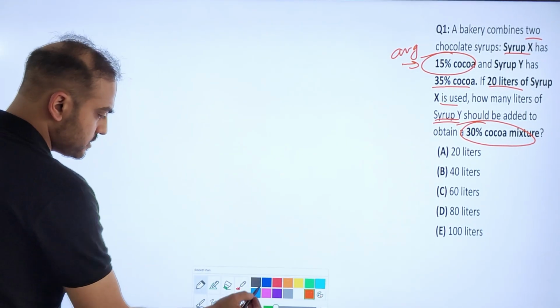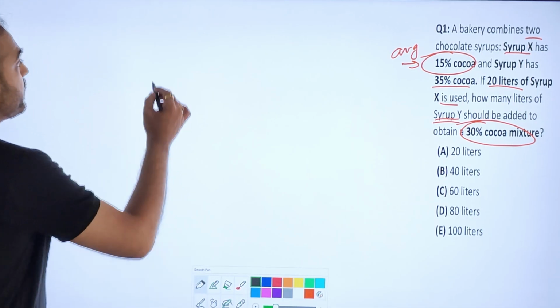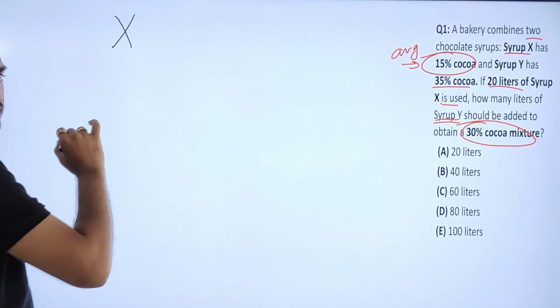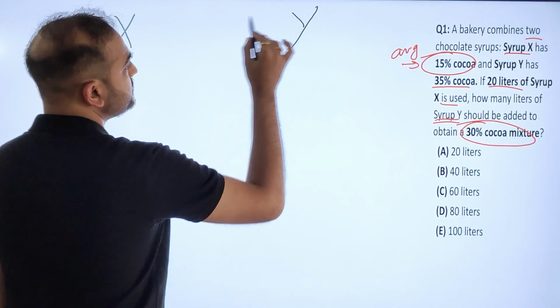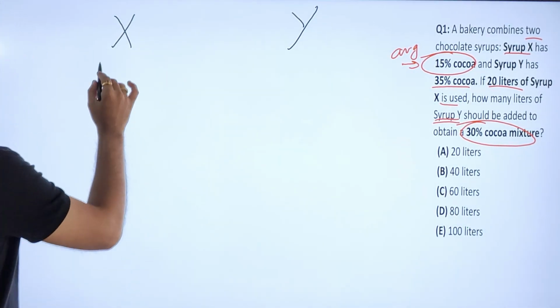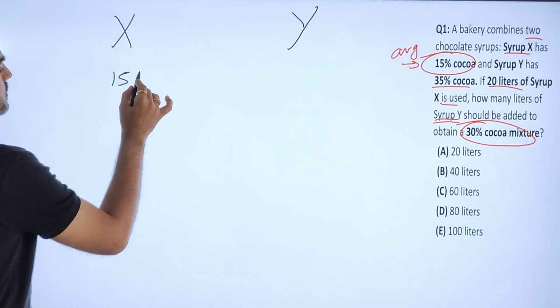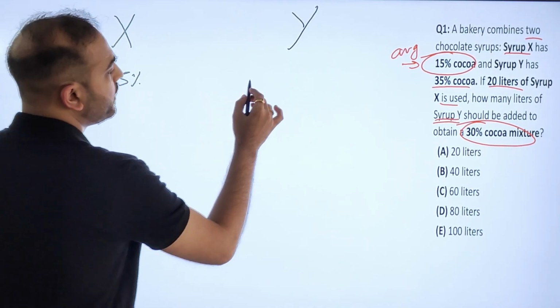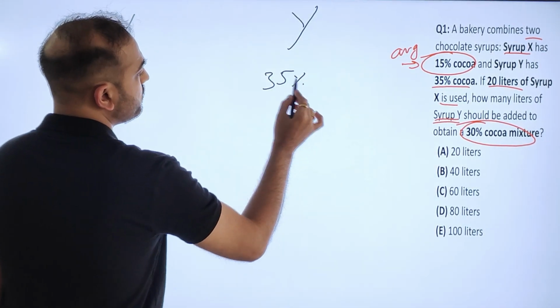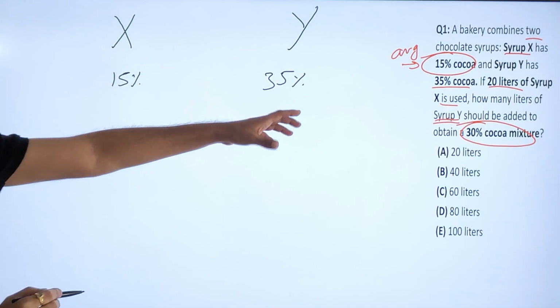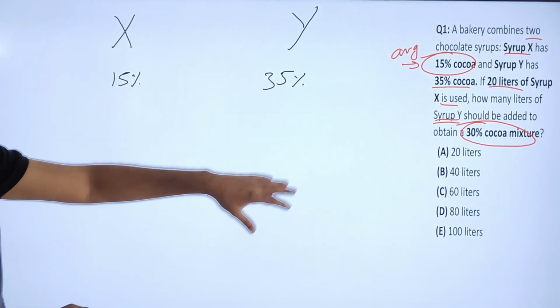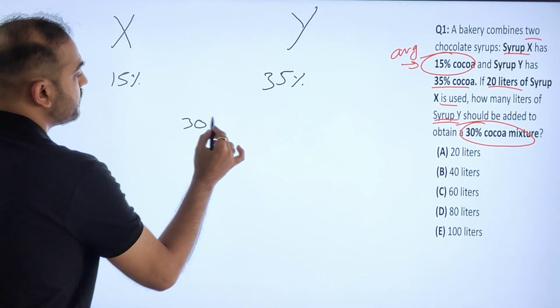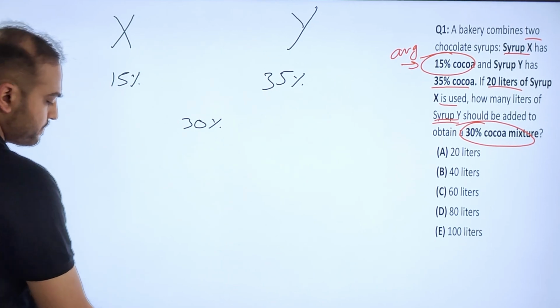Okay, so let's make our butterfly. We have syrup X here, syrup Y here. Average of X is 15%, average of Y is 35%. Now as I told you, the mixture average always comes between the two. So that is 30%.